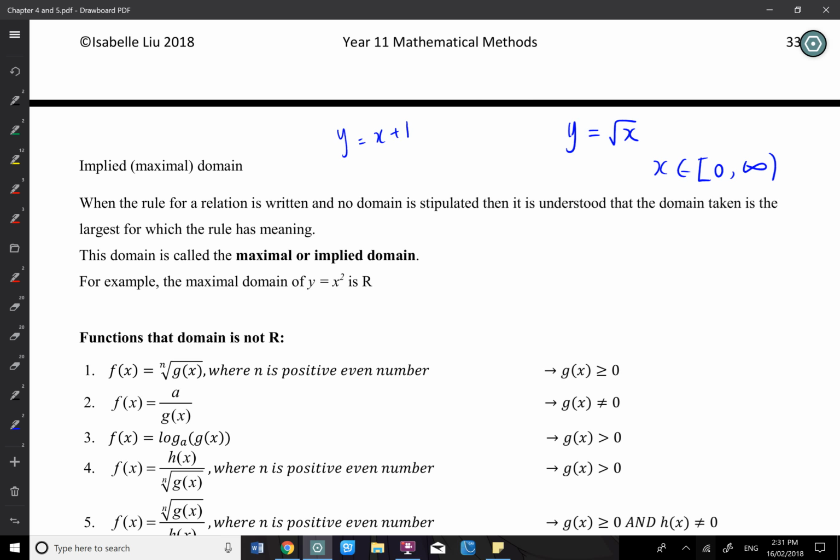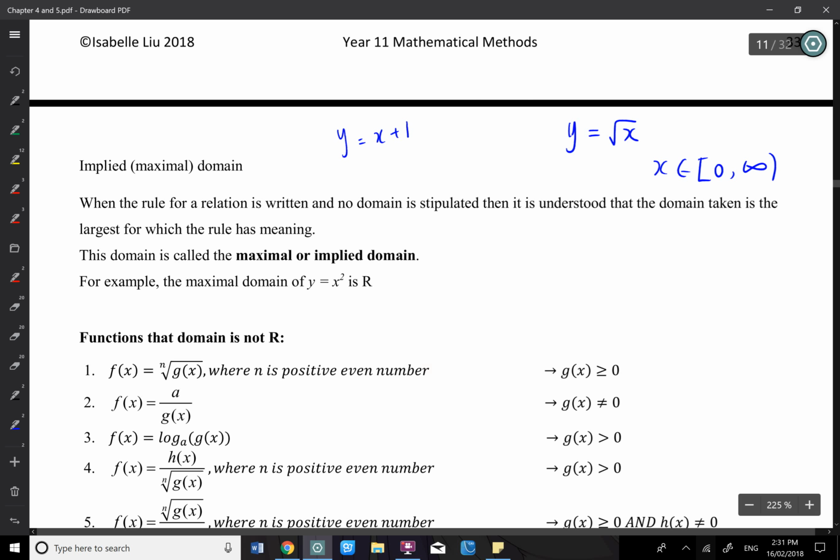There are 3 things we need to be aware of. So far we only learned 2. We haven't learned the log function yet. The first thing is the denominator.